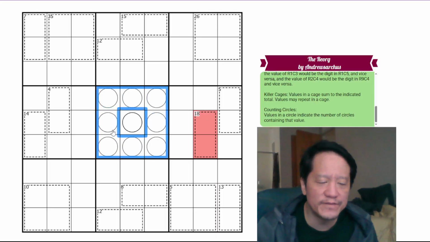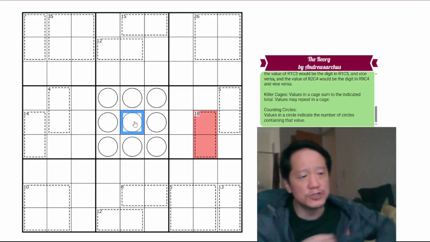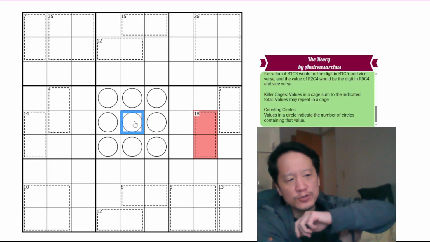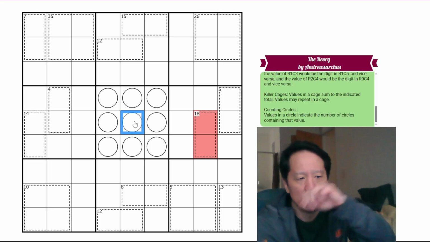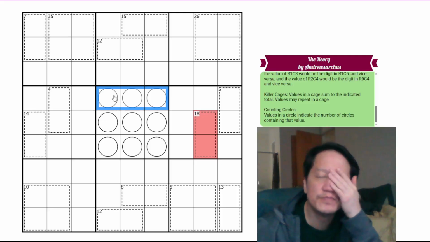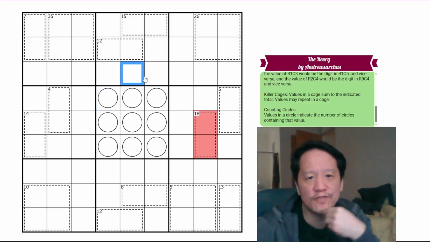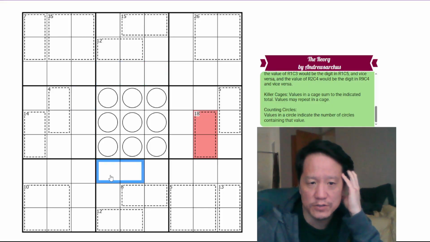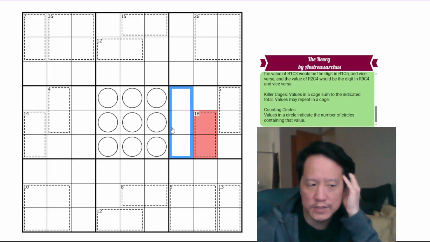So again, each of the values have to be 1, 2, and 6, or 1, 3, and 5, or 2, 3, and 4. How many can be swapped is kind of the question, right? You have 5 potential reorg cells around here. So say you try to have 1, 2, and 6.